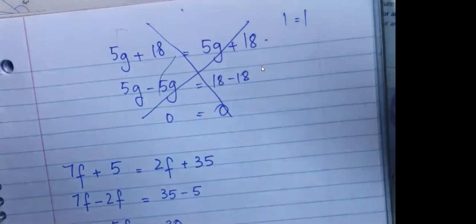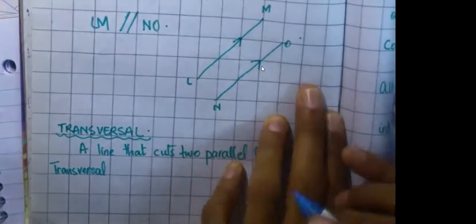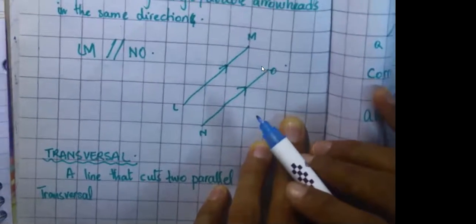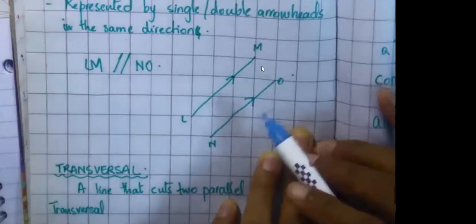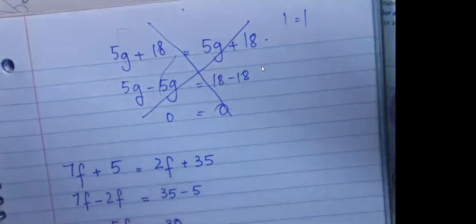Right. So parallel lines are two lines which are moving in the same direction, and they never ever intersect each other. For example, even if there are two lines but they are apart from each other, let me show you.